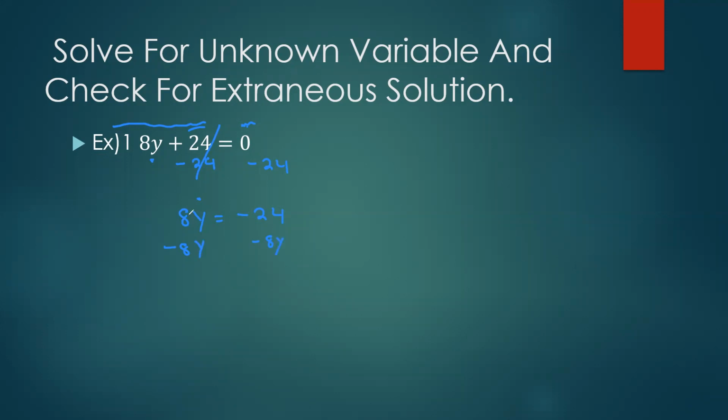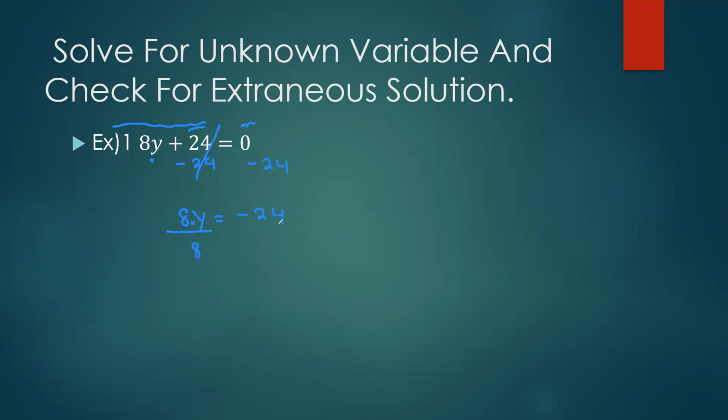And the reason that doesn't work is because 8y minus 8y becomes 0, meaning you don't have the letter anymore. And we need the letter, right? So that won't work. We just want to get rid of the 8. Because this is 8 times y, let's do the opposite of multiplication, division.